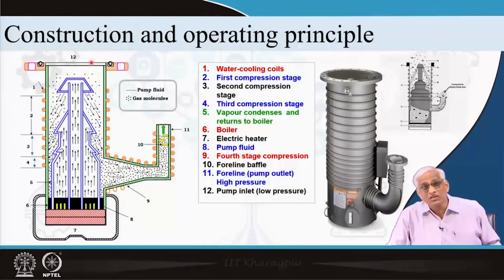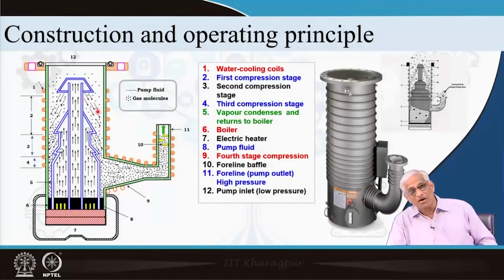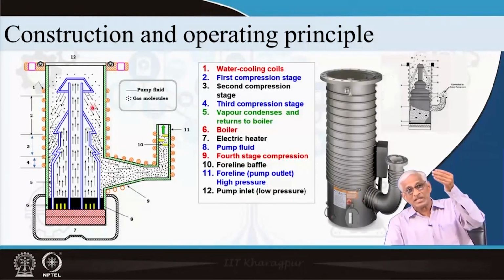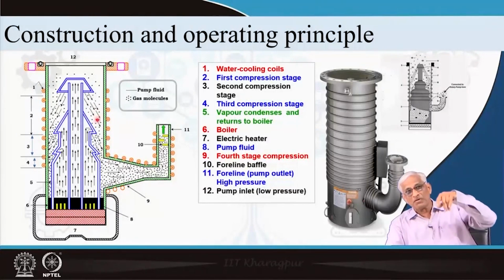It looks as if molecules are entering here and diffusing within this high supersonic jet column. This is a dense phase and the air molecules are a low phase, as if they are diffusing down and afterwards baffled down to the annular volume here, which is isolated by this high speed supersonic jet.